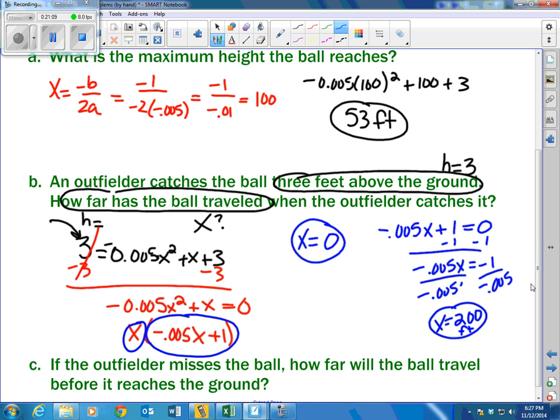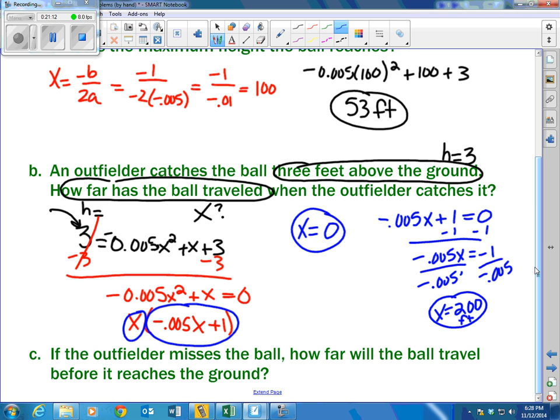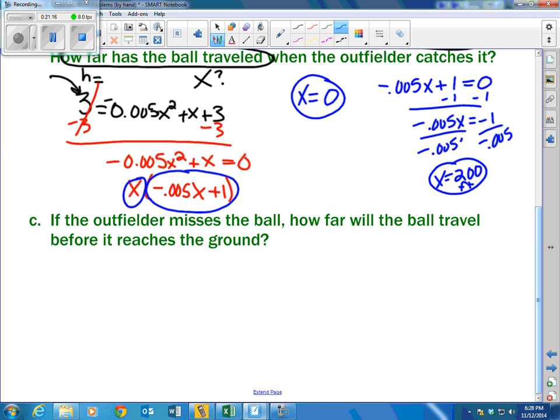Then, if the outfielder misses the ball, how far will the ball travel before it reaches the ground? So at the ground, the height is 0. What this is asking you to do is take 0 equals that handy dandy lovely little equation.